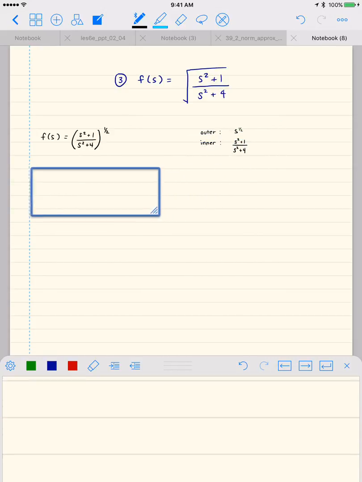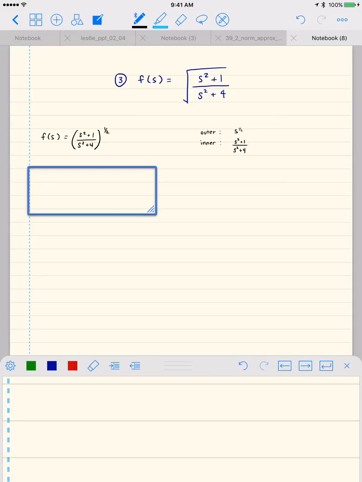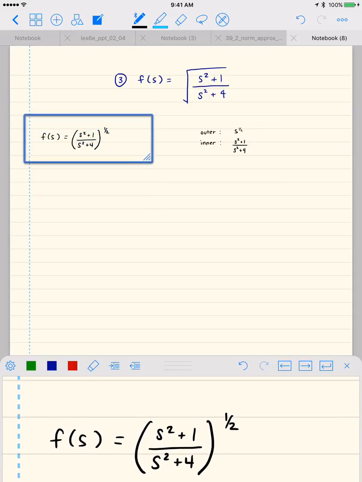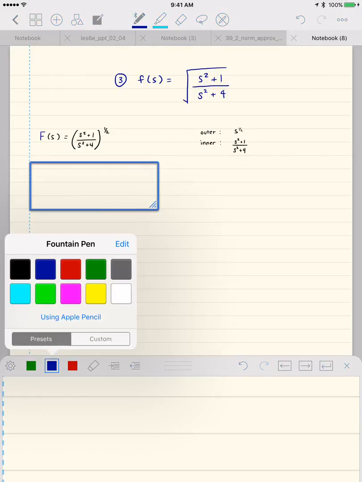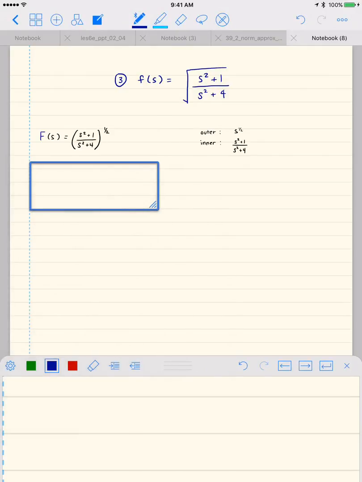Okay, so in order to use the formulas that I'm going to keep on using, I'm actually going to rewrite this. This is not going to impact my answer at all. Instead of writing it as little f, just to keep my notation straight, we're going to call this big F of s, okay? So I'm going to have my chain rule.